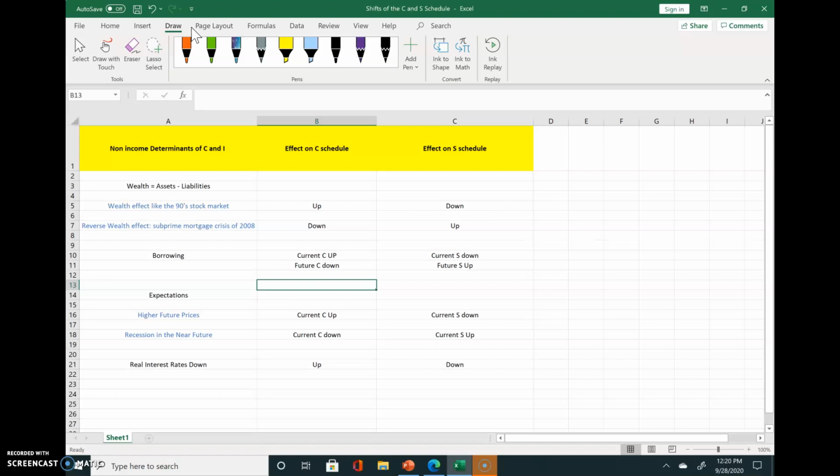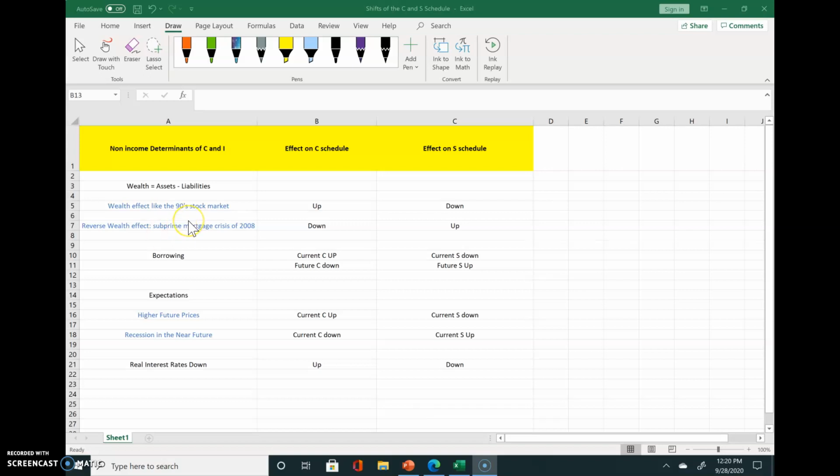We have an example of wealth effect for the US economy in the late 1990s where US stock values went up. This led households to spend more and save less, and that's going to shift the consumption schedule to the right or up and the saving schedule down or to the left.